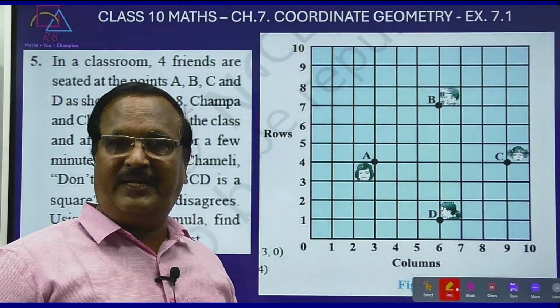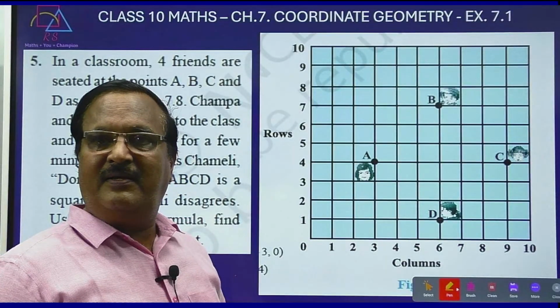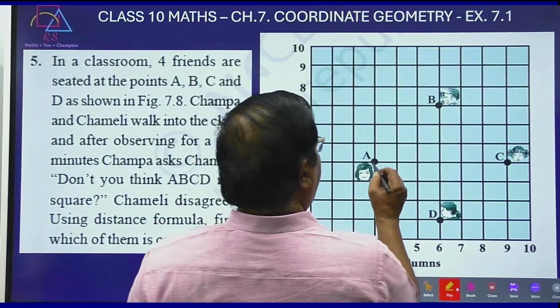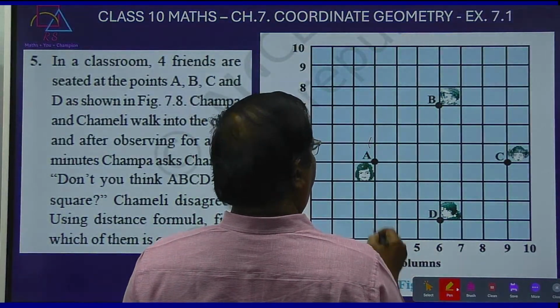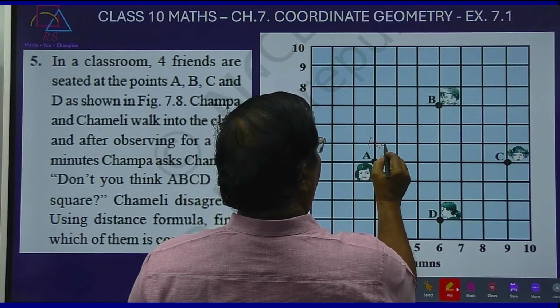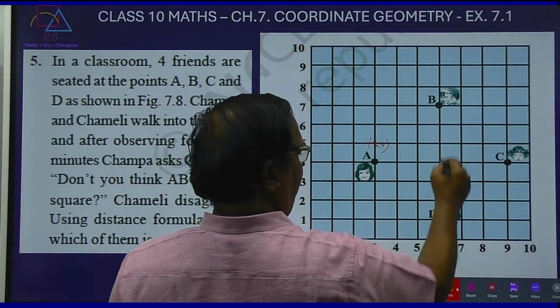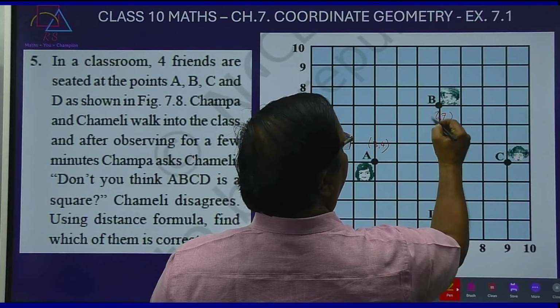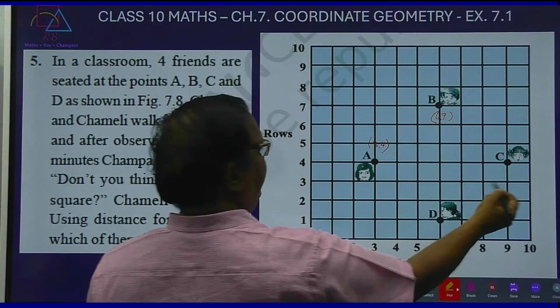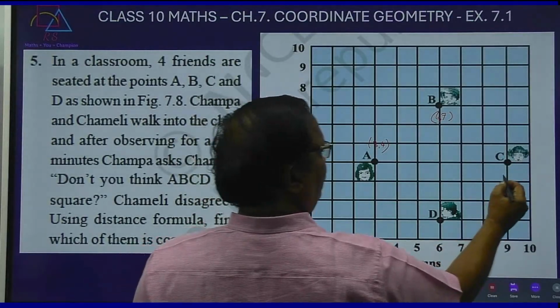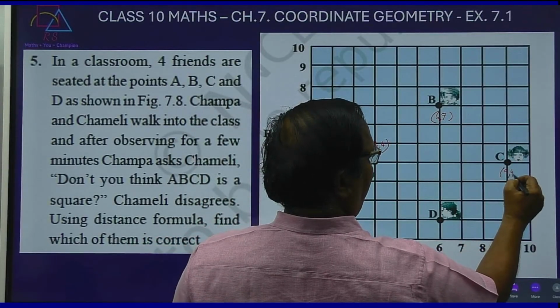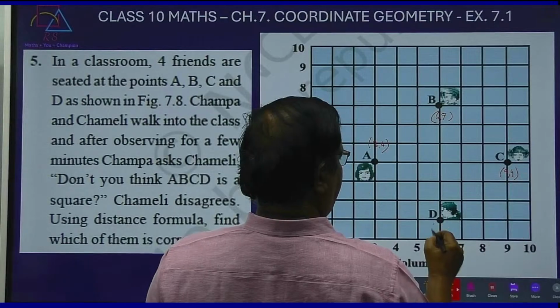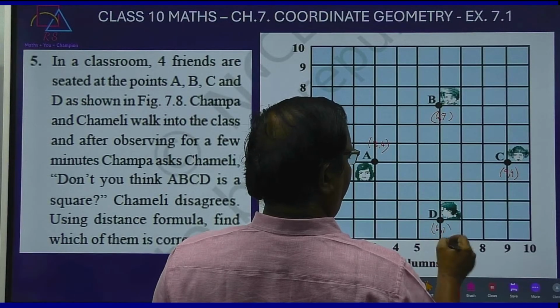All sides should be equal and diagonals also should be equal. So now the points: A is 3 and 4. B, 6 and 7. And C, 9 and 4. And D, 6 and 1.